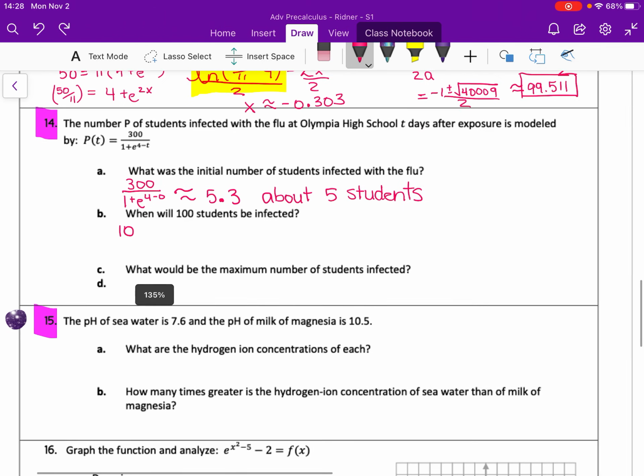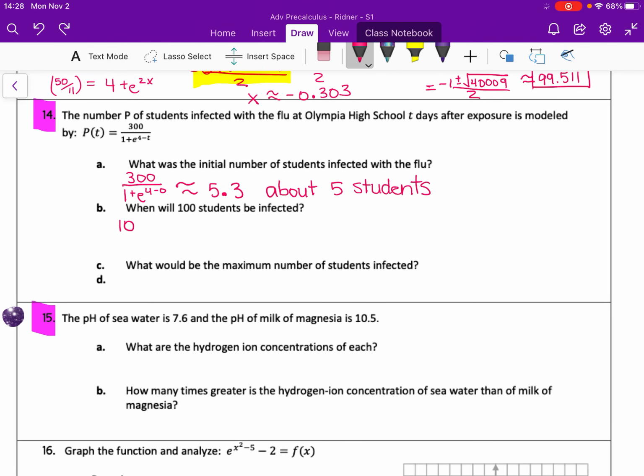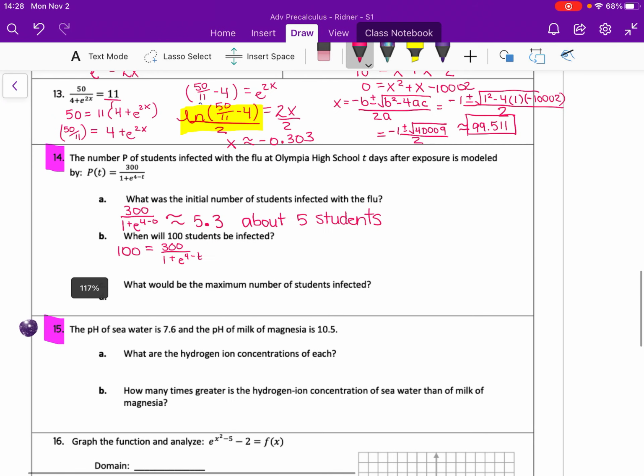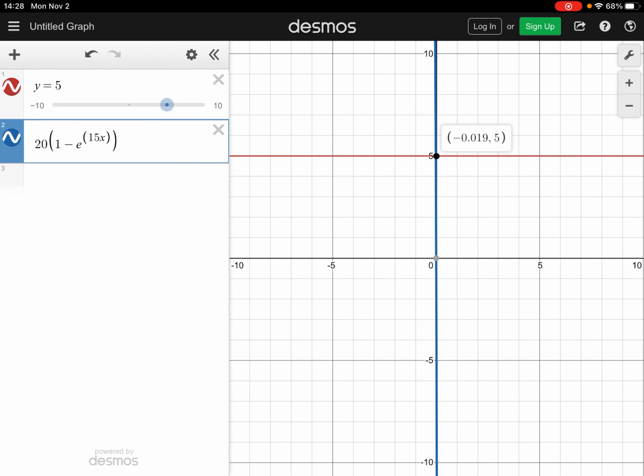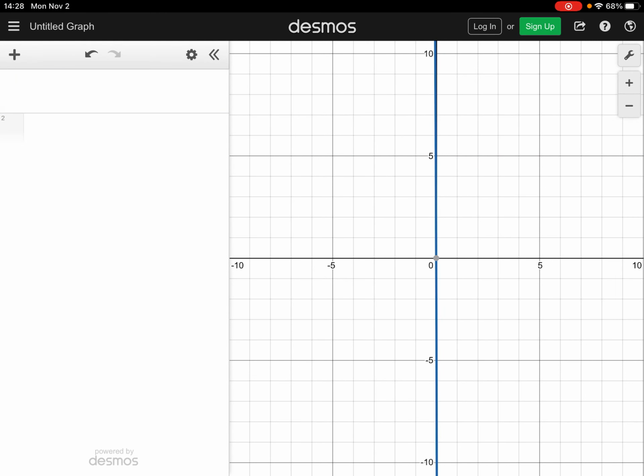Sorry, I'm trying to figure out why there's a D here and there's not in the key, but things that don't matter. All right, so 100 would equal 300 over 1 plus e to the 4 minus t. You have two options here. You can solve it very similar to how we solved 13, or you can use this.